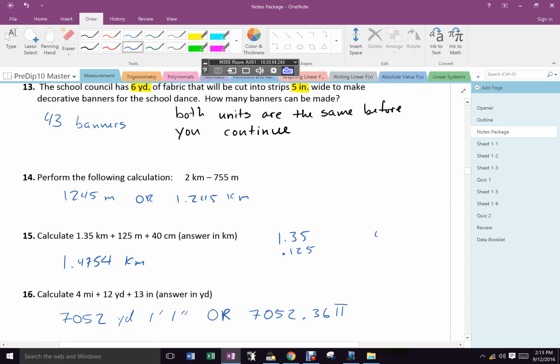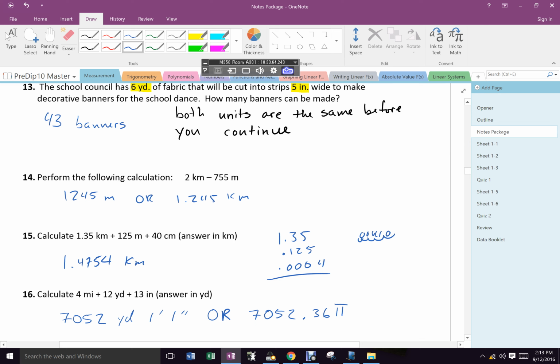And then centimeters, you had to move it 1, 2, 3, 4, 5 spaces to get 0.004 and then add it up. Cool? Again, stupid question. Just there to make sure you know what you're actually doing.